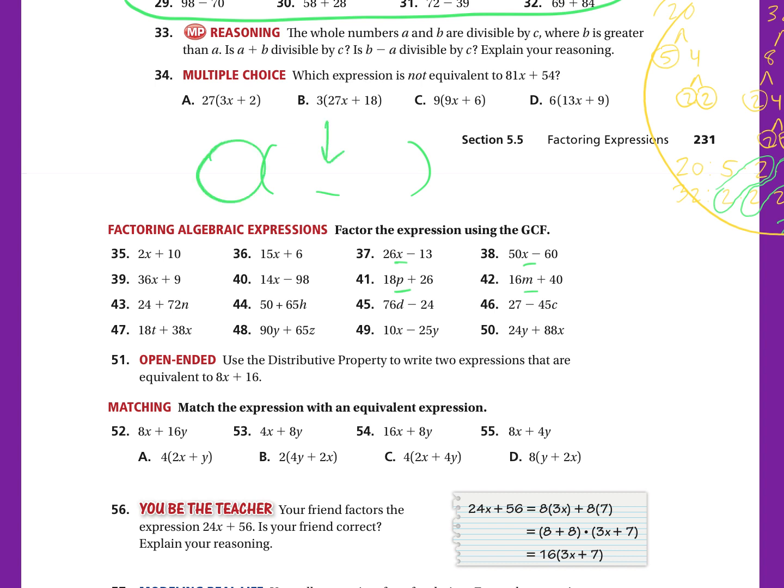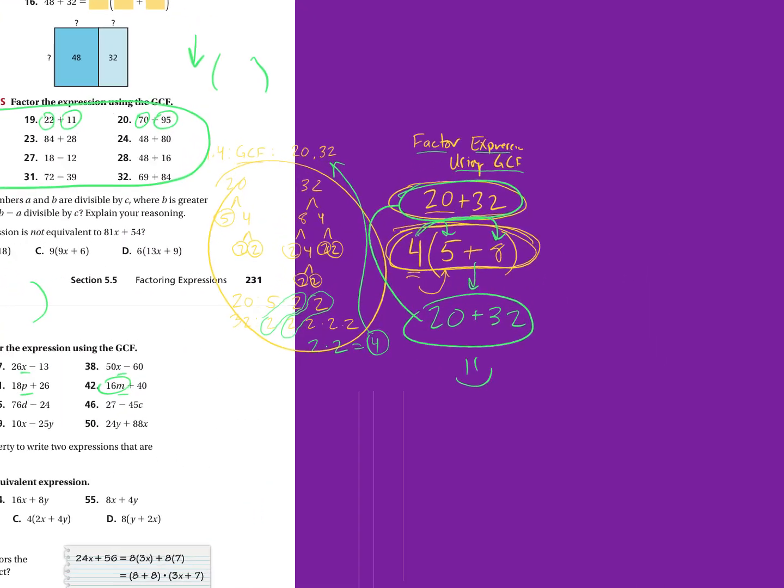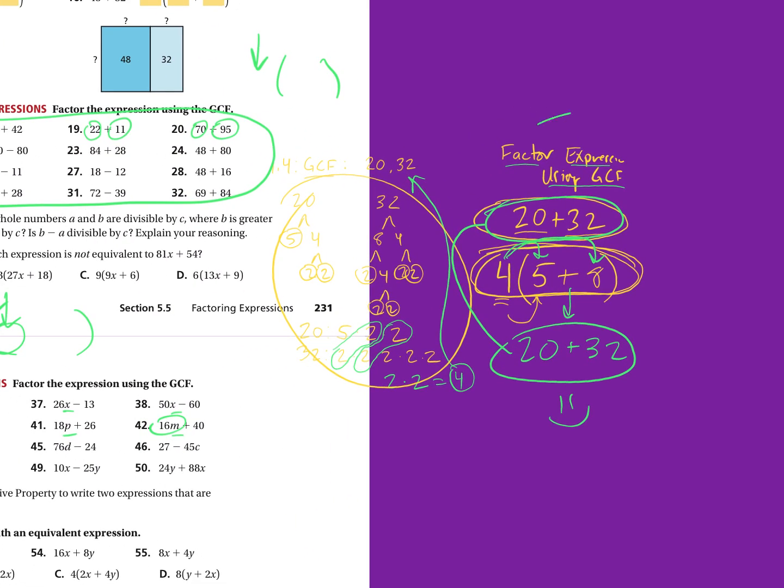And then once you factor the GCF in, the variable will become attached to your term there to create a new term that you see there. Anyway, I think that makes pretty clear sense, and that was lesson 5.5, factoring expressions using greatest common factor.